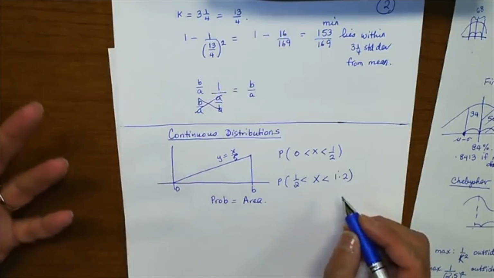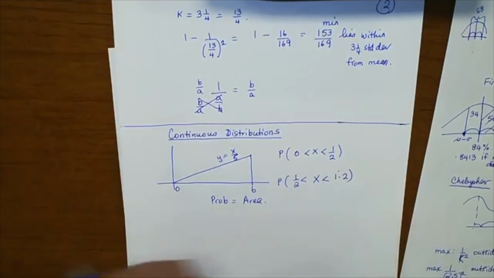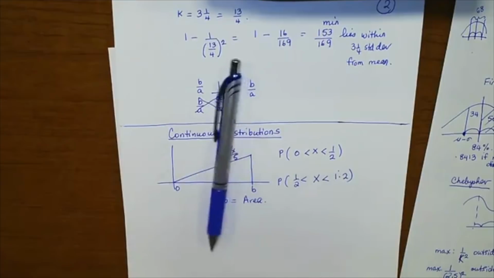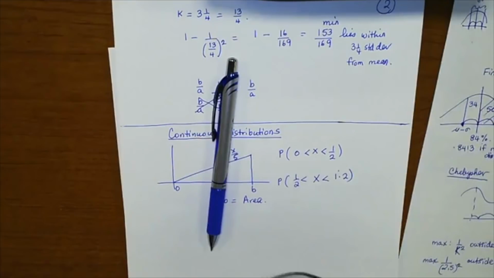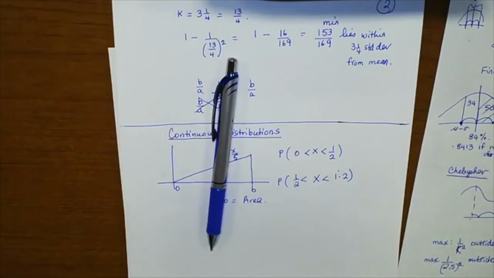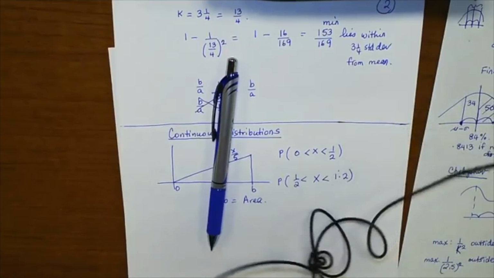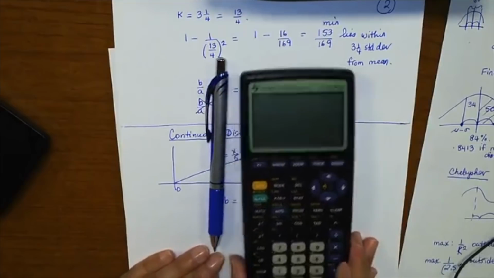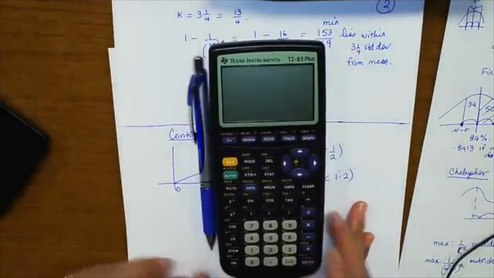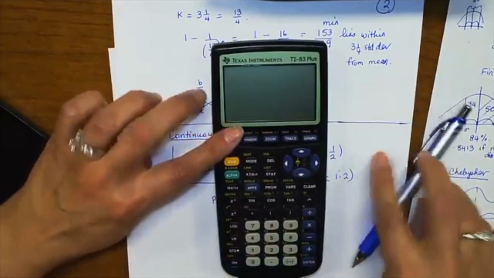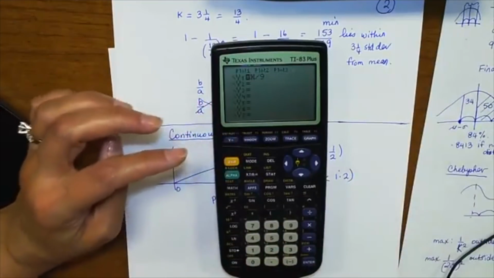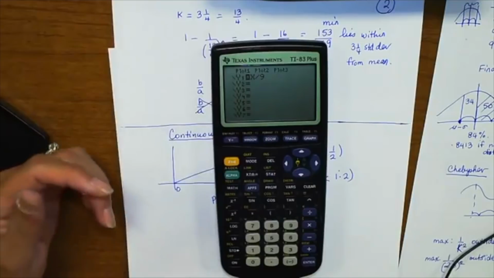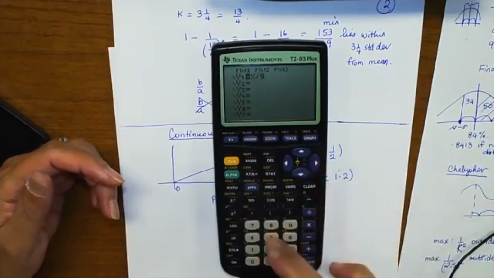One way is to do it on your calculator. Let me just grab my calculator and I'll do it. I can go to y equals and put in some function, x over 5, let's say.